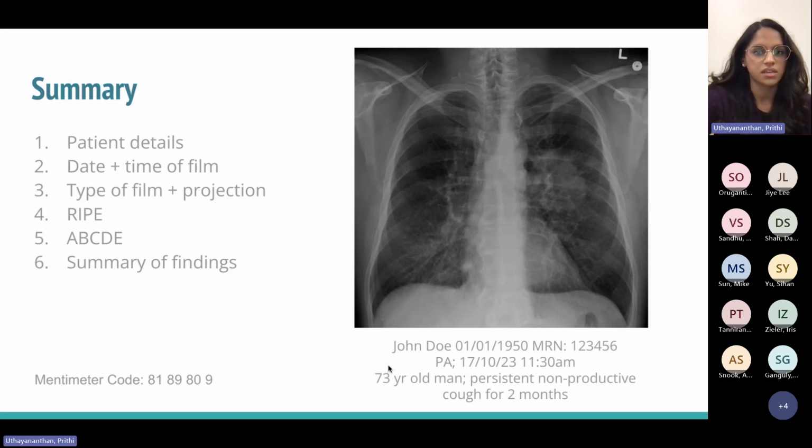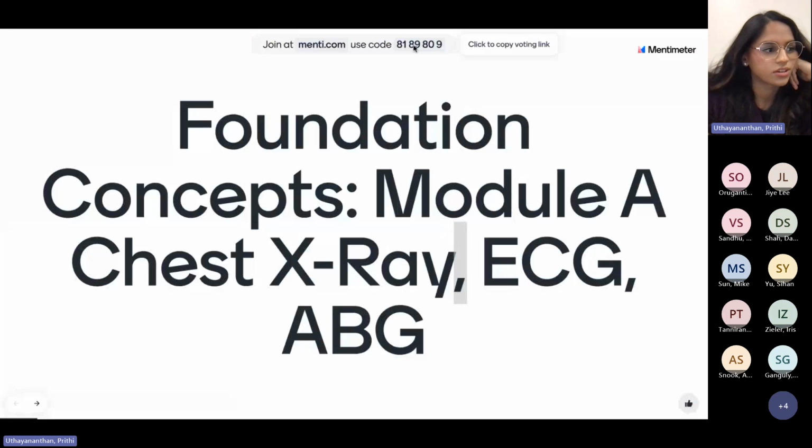Okay, so if you guys can go to Menti and log in or put in the code. I just realized I got rid of the code, so let me just type it in for you guys. No, it's on the slide. Yep, I stopped sharing. Oh, it's 81. Oh wait, let me just share this actually. Okay, yeah, the code should be on there, 818980. Can we see how many people have joined?